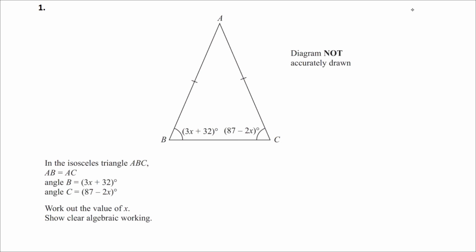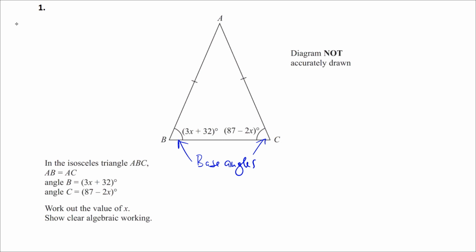So one of the things that you have to note in an isosceles triangle is that the two sides are equal, which is given here, and two base angles are equal. So these here are called base angles.